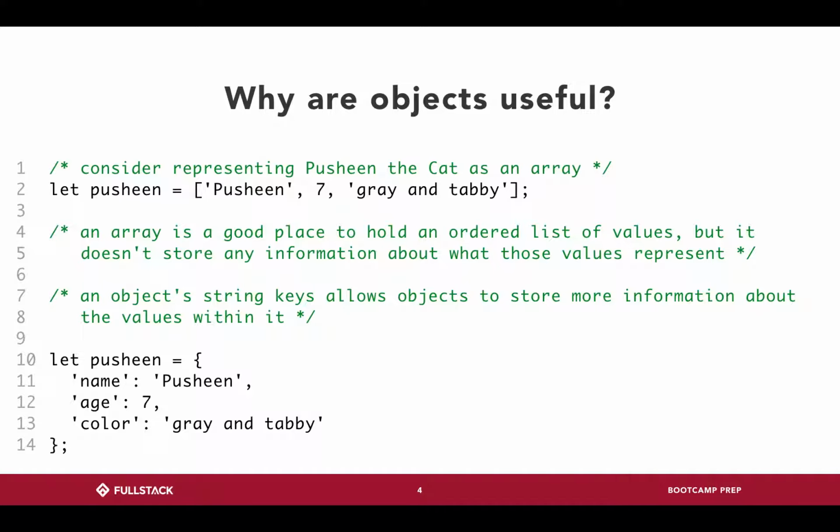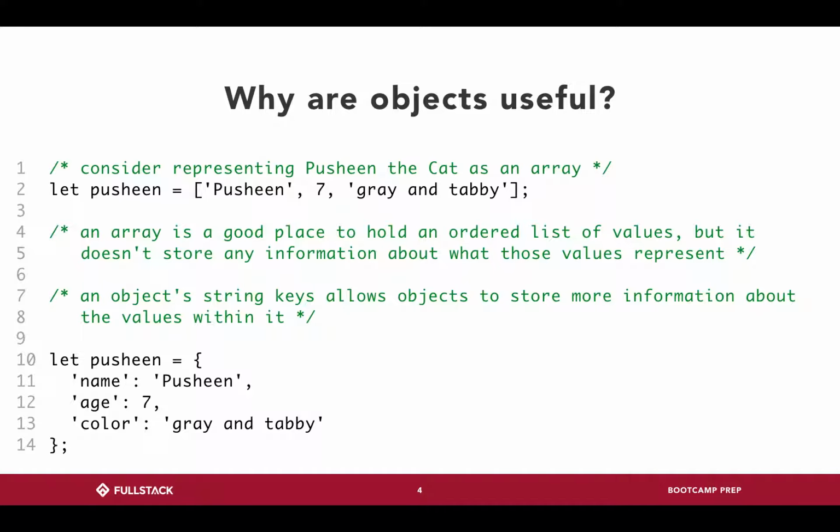But A, it's not good to make that assumption because, as my template says, users are stupider than you could possibly imagine. And B, sometimes the data that we're storing is not as context friendly. Sometimes you need to be able to distinguish between an ID number, a secondary ID number, a social security number, and other things that, if you just stored them in an array, would have no context.